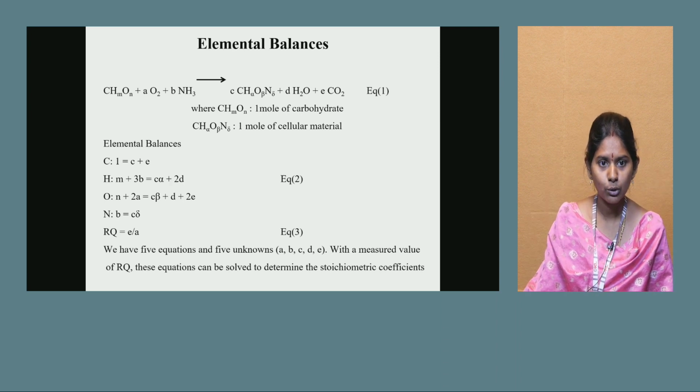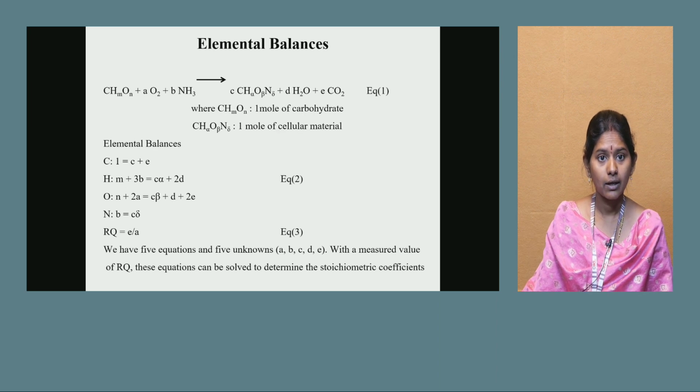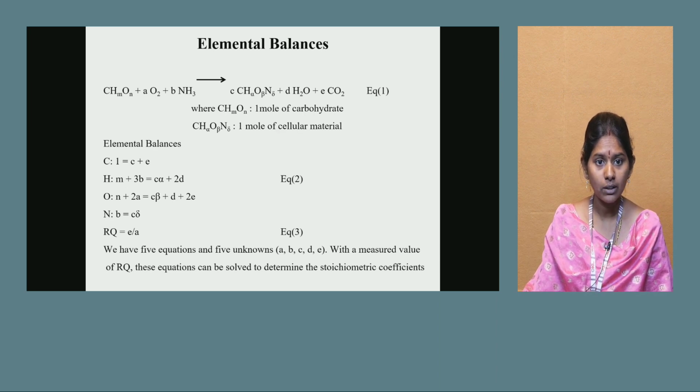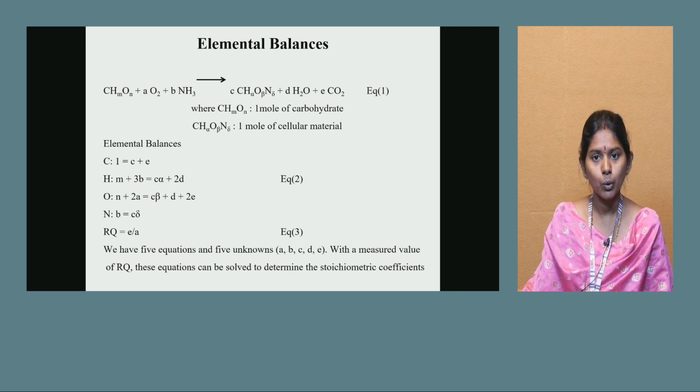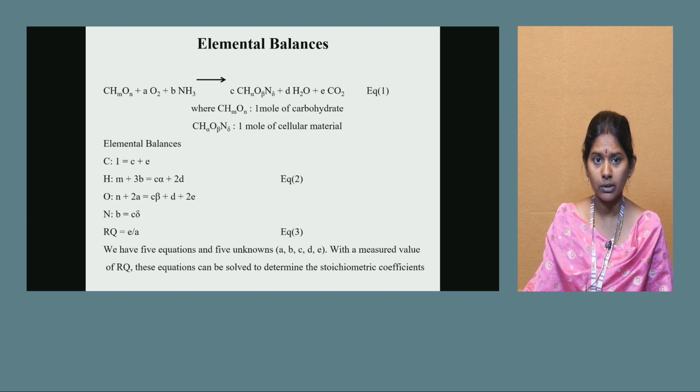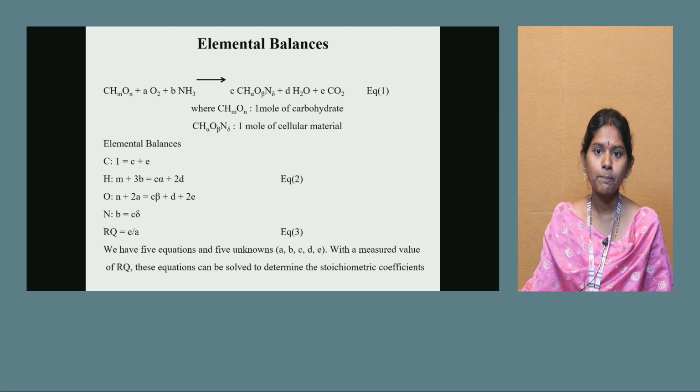Similarly for hydrogen, m, the number of hydrogen atoms plus the amount of hydrogen present in the ammonia, is equal to the amount of hydrogen in the products plus the water molecule. Similarly for oxygen, it is n plus 2a equals c beta plus d plus 2e, that is, oxygen is contributed by the oxygen in the reactants as well as the carbon source, as well as the water and carbon dioxide.